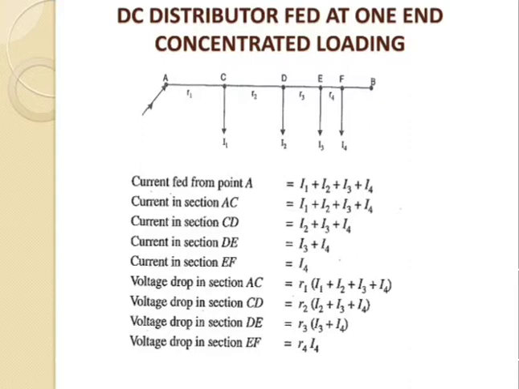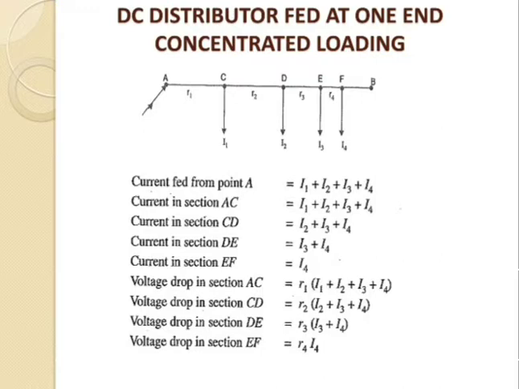Firstly, consider the DC distributor AB. There are 4 tapping points taken from the AB distributor, namely C, D, E and F. The loads I1, I2, I3, I4 are taken from the tapping points C, D, E, F respectively.